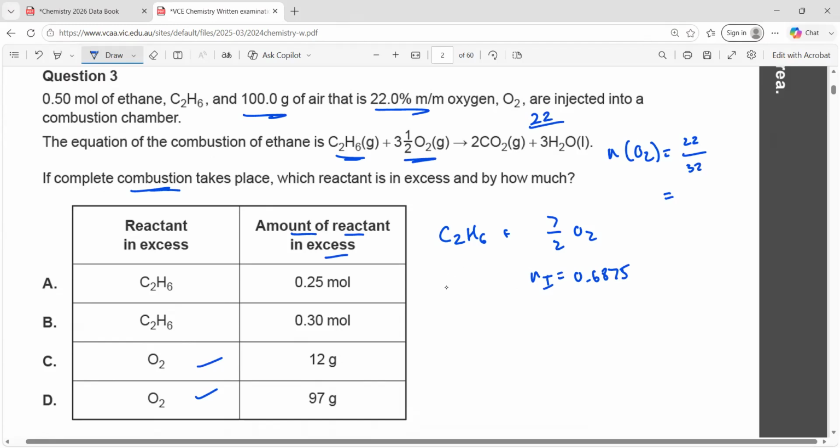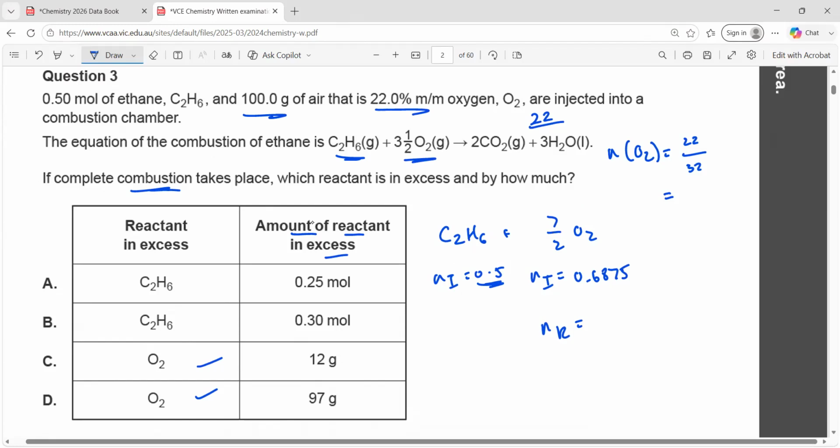Then n initial of C2H6 is 0.5, right? So we've got 0.5 moles of C2H6. The amount of oxygen needed to react with that is just 0.5 times 7/2.